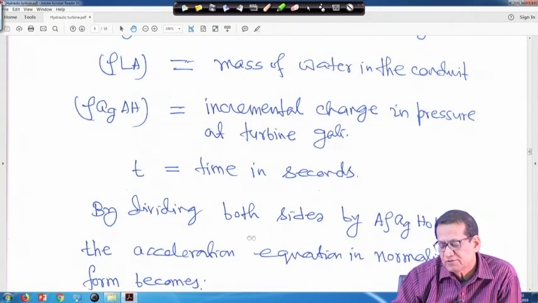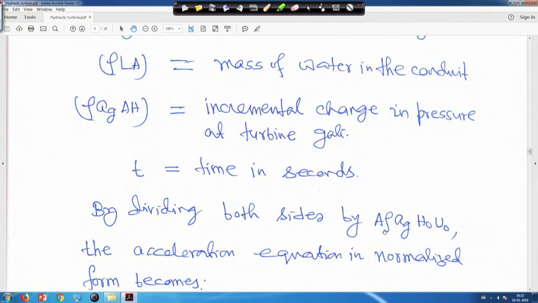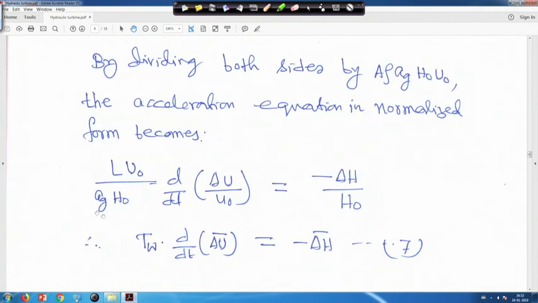By dividing both sides by A rho Ag H 0 u 0, you will get the acceleration equation in normalized form. It becomes L u 0 upon Ag H 0 d dt of delta u upon u 0 is equal to minus delta H upon H 0.